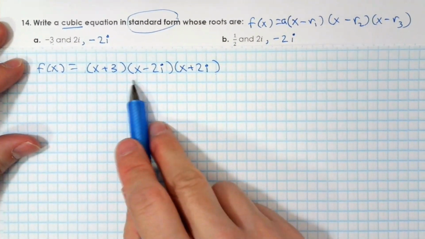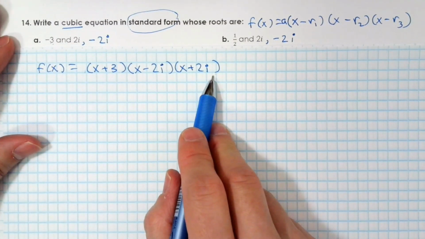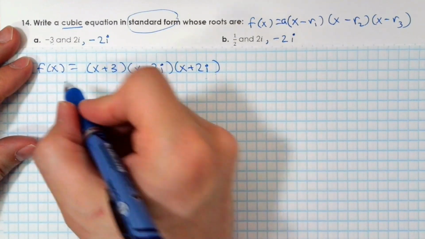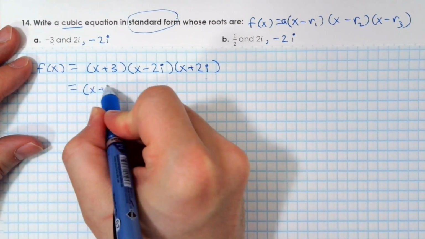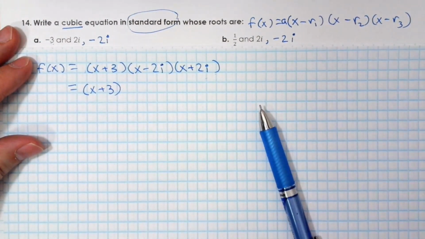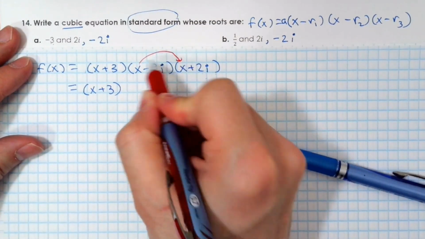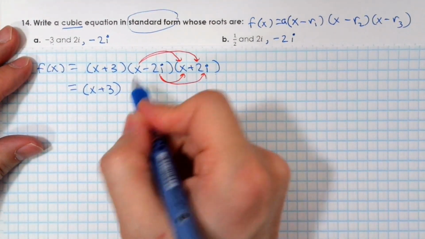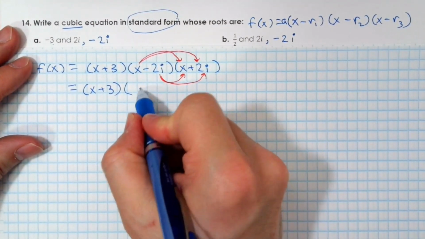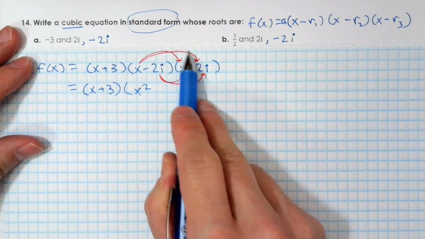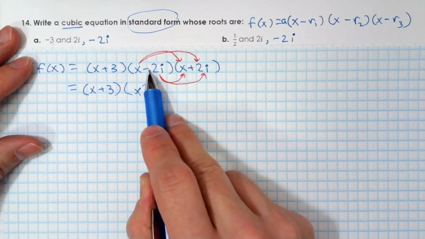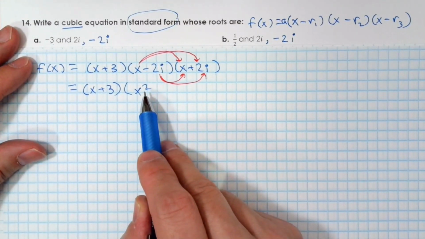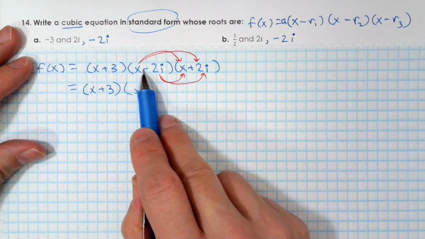And hey, if you know any of the expansion shortcuts, or even want to use that British tinged version I showed, you could, but you don't have to. You could just patiently distribute because it's something you should be comfortable doing by now. X times x is x squared. X times 2i minus 2i times x, those two terms are going to cancel out, because you'd have 2ix minus 2ix.